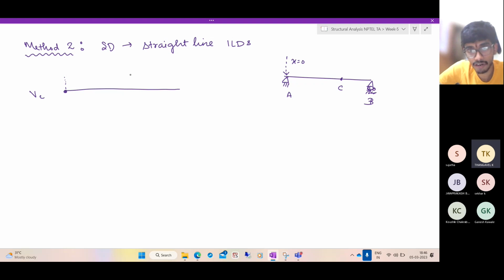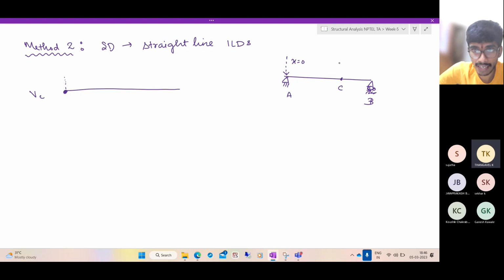What will be the shear force that comes here? When the load is applied right over the support, the entire load will be taken just by the support. The beam has no role to play. So 1 minus 1 will be 0. The point C will have 0 shear force, so the value of the influence line diagram at this point is 0.